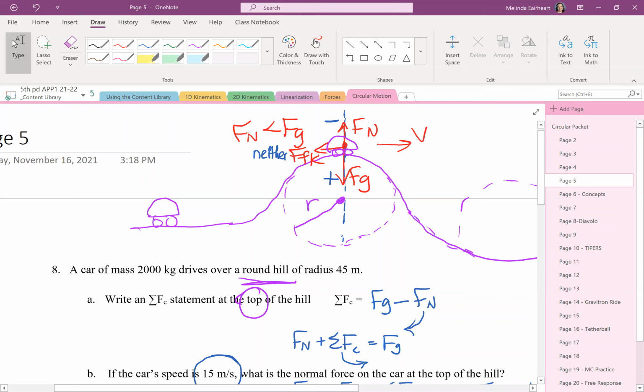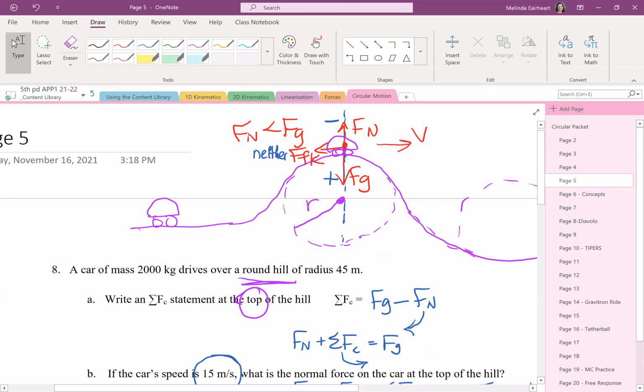Center seeking versus center opposing. Like gravity is always the same, right? Gravity, FG, at all points is the same, mg. Yes, but normal force doesn't have one equation. Tension does not have one equation. They can vary. They're dependent on whatever the situation is.